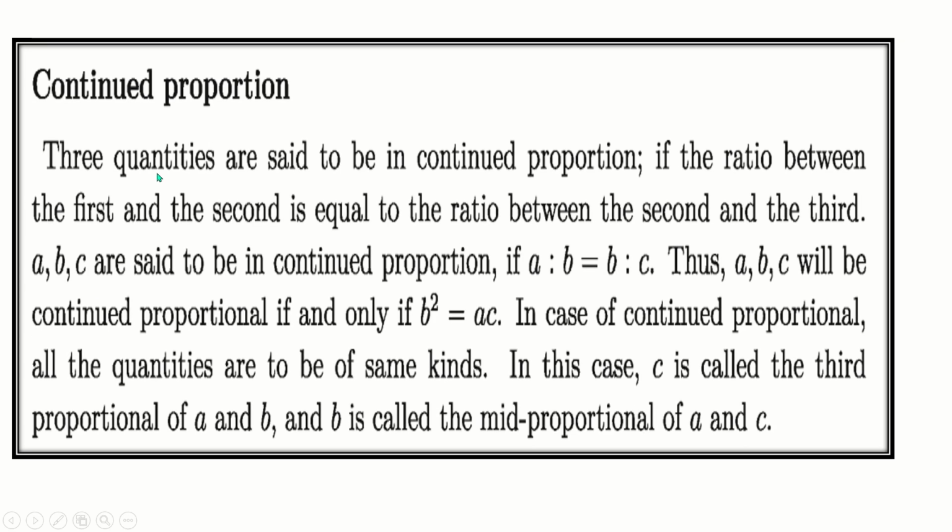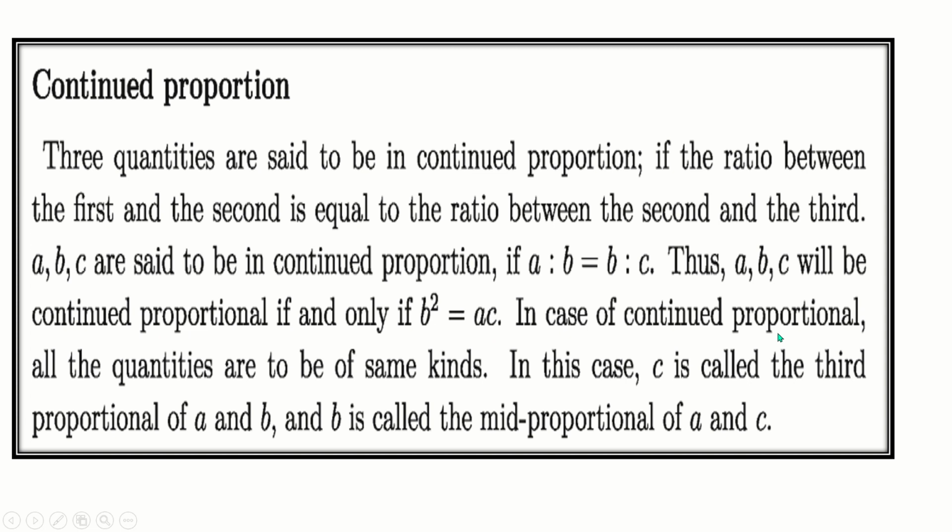Continued proportion. Three quantities are said to be in continued proportion if the ratio between the first and the second is equal to the ratio between the second and the third. A, B, C are said to be in continued proportion if A is to B equal to B is to C. Thus A, B, C will be in continued proportion if and only if B square equals AC.